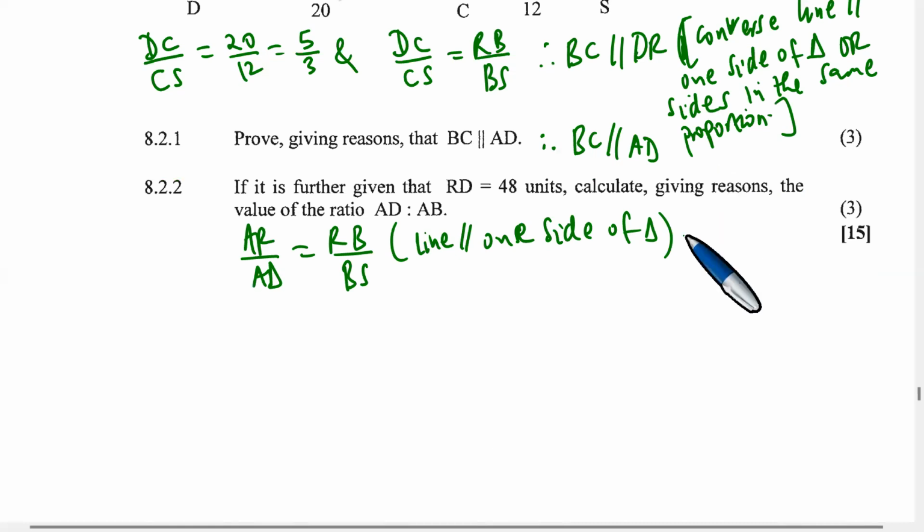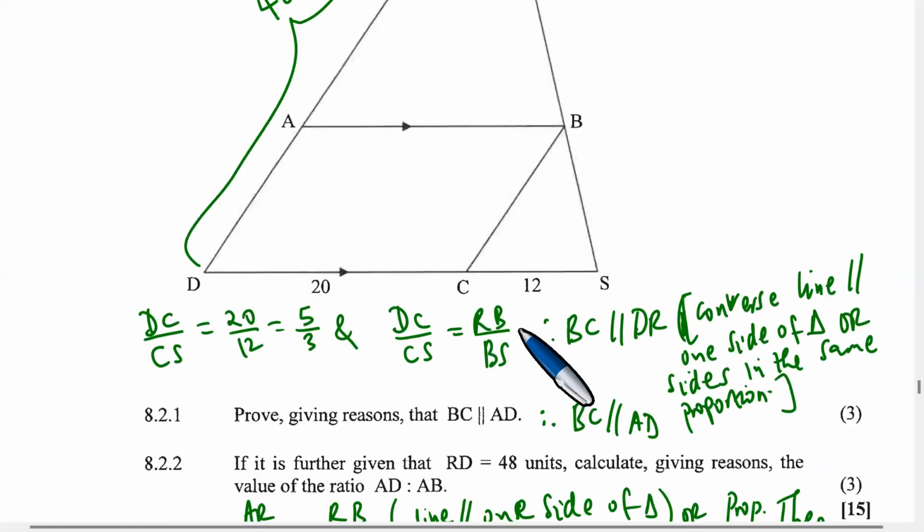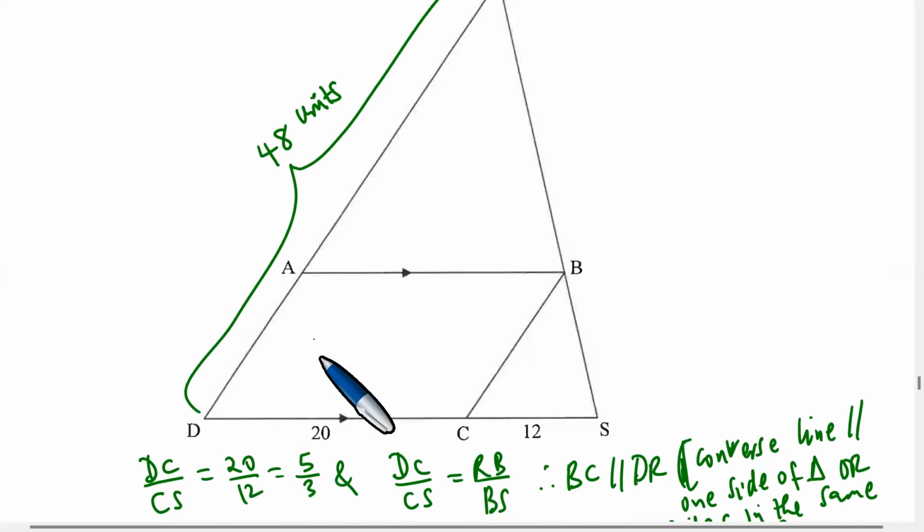Or we say the proportionality theorem, due to the fact that AB is parallel to DS, which is a given fact.